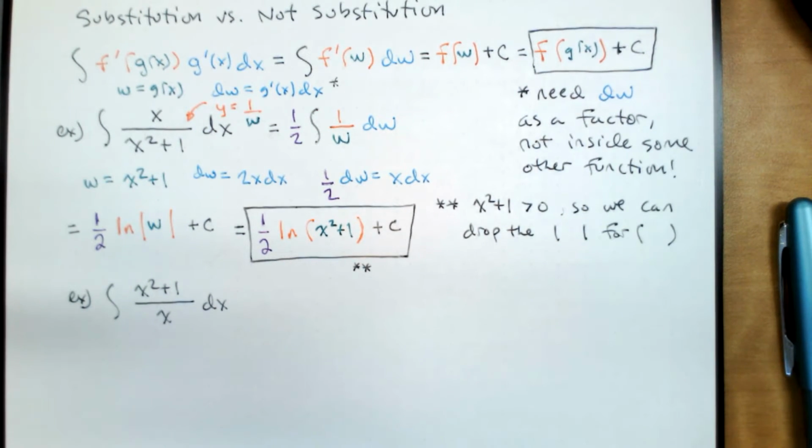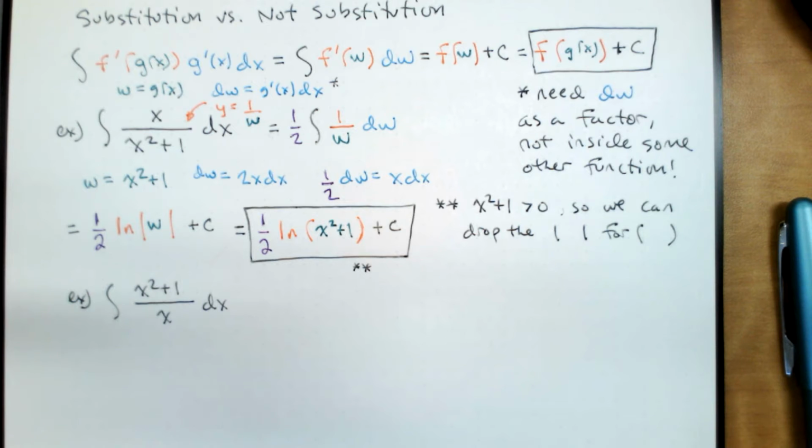So this problem is not a substitution problem. We see elements of things that make us think about substitution. I see an x squared, and then I see an x. But I don't, in this integral, have a factor of x. This x is in the denominator. So it's not a factor of x, it's a factor of 1 over x. And 1 over x is not the derivative of x squared plus 1.